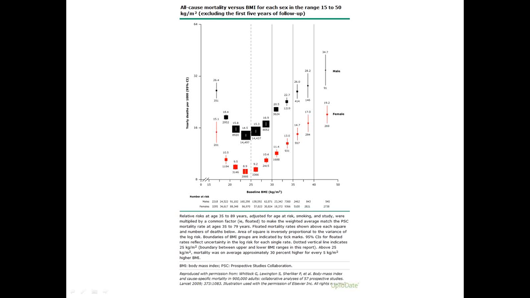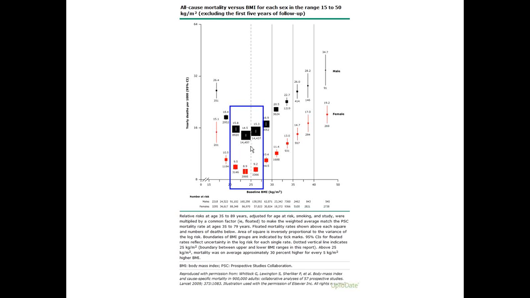So by looking at BMI, studies have been performed to correlate elevated BMI and overall mortality risk. In 2009, Whitlock and colleagues published in The Lancet a study that compared BMI and overall mortality risk based upon 900,000 adults. What they found is that roughly a BMI of 22.5 to 25 incurred the lowest mortality risk.